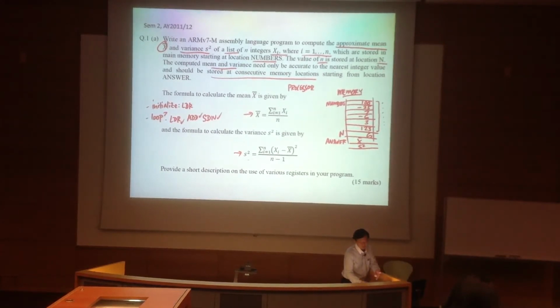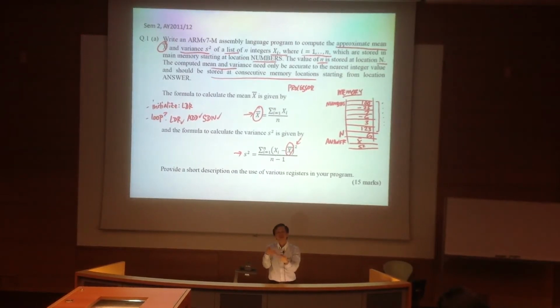But if you look at how to compute the variance, it looks like we need to loop one more time, right? Because when we compute the variance, we have to use this mean value here. We take the raw value, subtract the mean, and then we have to multiply by itself to square it. And then we need to add it together. Now, do you know of an instruction that can multiply as well as accumulate or add numbers?